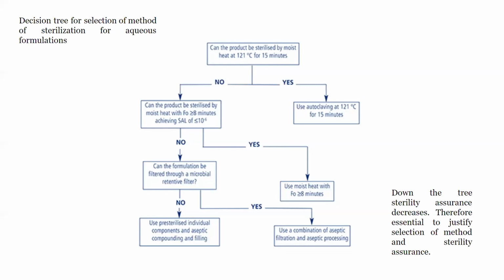So right from raw material, equipments which are to be used into the formulations, equipments used for in-process and final quality control, the packaging material, everything should be sterile, and the compounding, filling, packaging, everything should be done in sterile area, which is known as aseptic area. So this describes the flow chart for fixing a sterilization method for the aqueous formulations in pre-formulation studies.